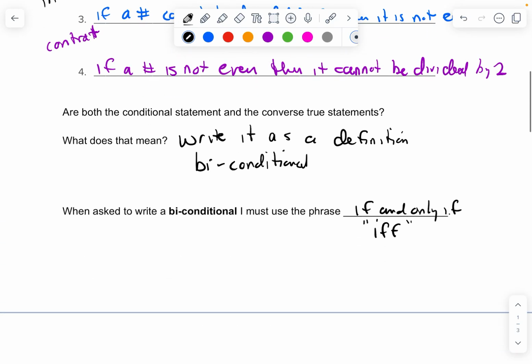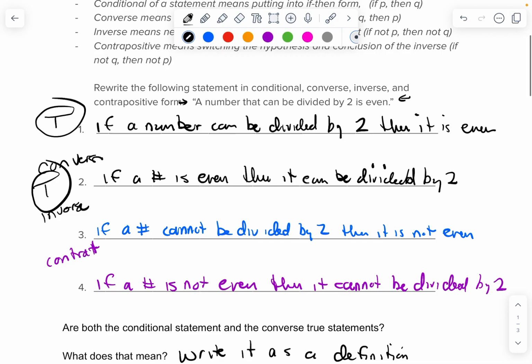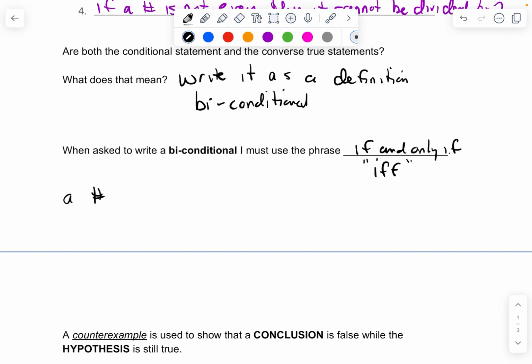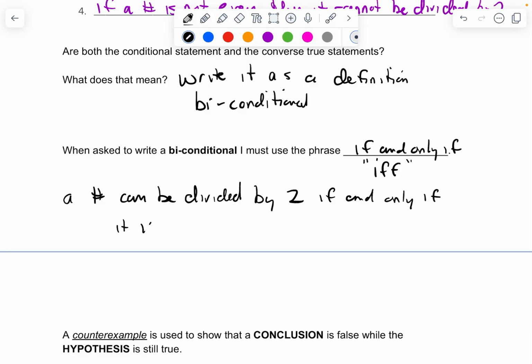If I was going to write this as a definition, I would literally say a number can be divided by 2 if and only if it is even. That's the way I would write that definition. So for geometry, for logic, that's going to be the proof of a definition. If it works forwards and backwards, that's how I would solve that.